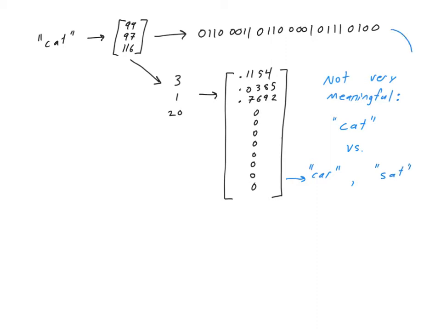Whereas in the binary vector version, cat and sat differ by a single bit flip. And so a neural network that's trying to make generalizations based on these numerical values is going to be fooled an awful lot by getting very similar numerical values that have very different semantic meanings.